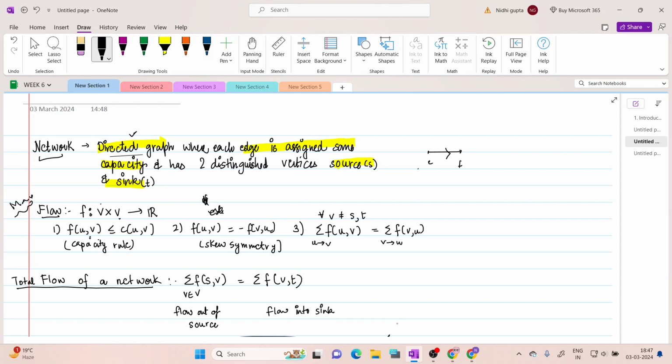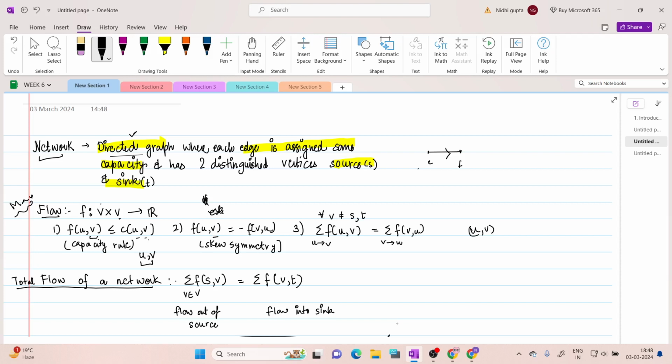First, the flow should be less than or equal to the capacity. If UV is an edge, then this edge has some capacity, and the flow that we assign to it should be less than or equal to the capacity. That is, flow should not exceed the capacity.